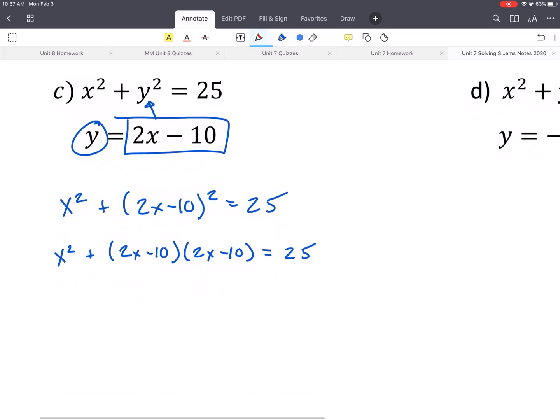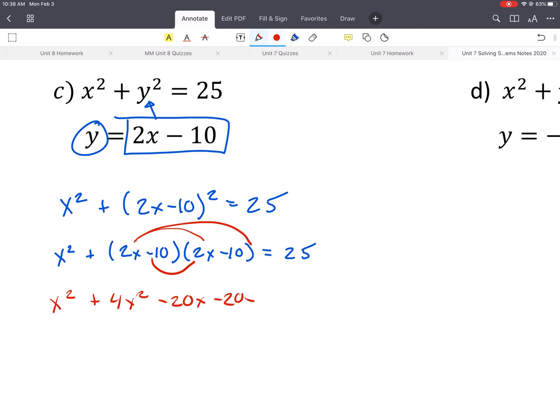All right, so then we'll need to FOIL or use the box method. So we still have this x squared. 2x times 2x gives you 4x squared. 2x times negative 10 gives you negative 20x. Negative 10 times 2x is negative 20x. And then plus 100 is equal to 25.